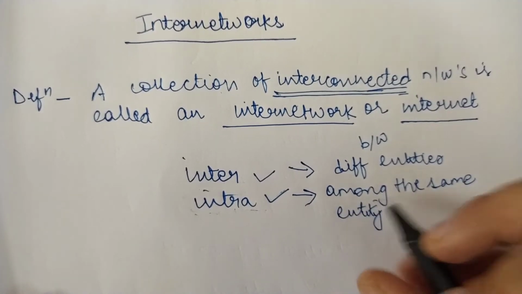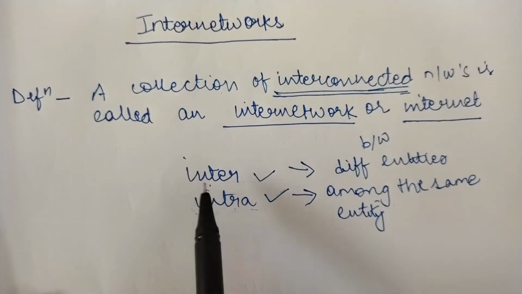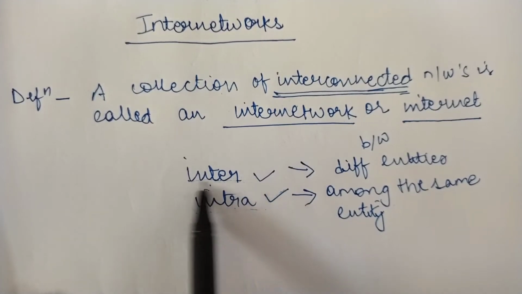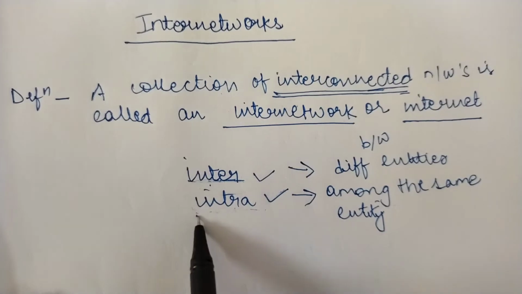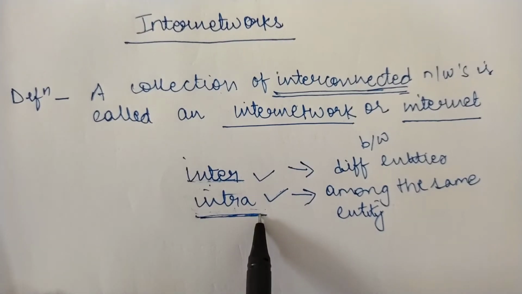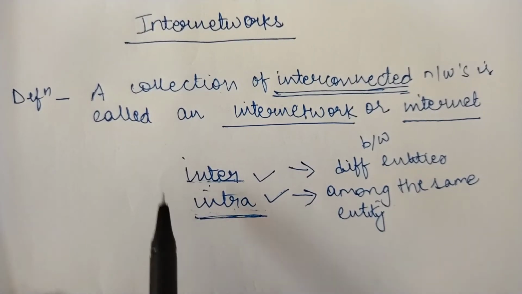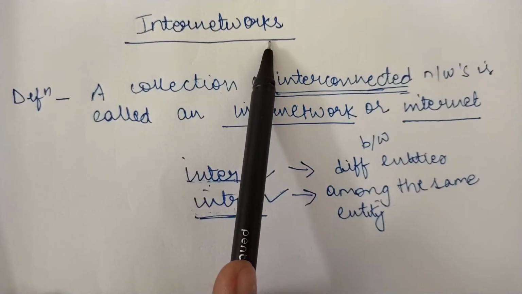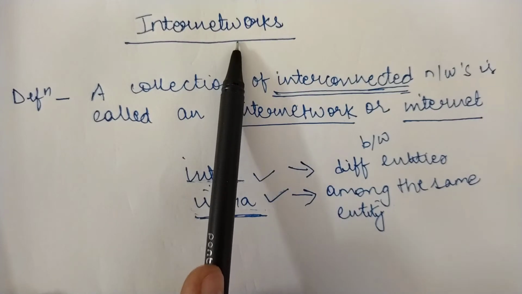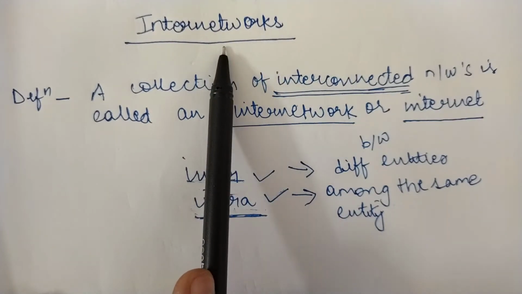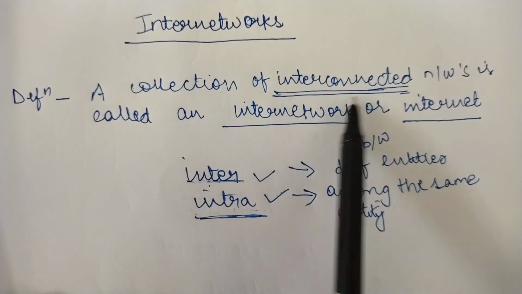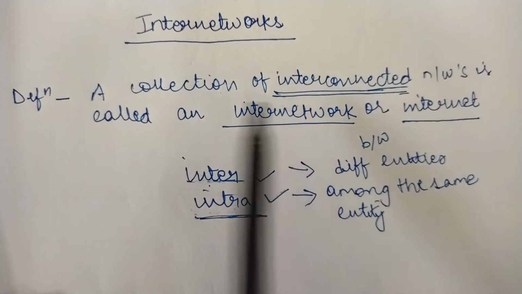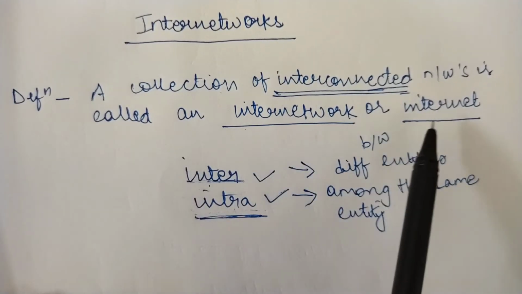So if it is an inter-school competition, it is between different schools, and when I say it is an intra-school competition, that means it is within the same school. The same way, when I say an internetwork, that means between different networks. So a collection of interconnected networks is called an internetwork or internet.